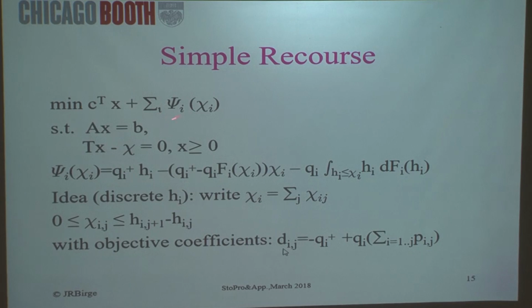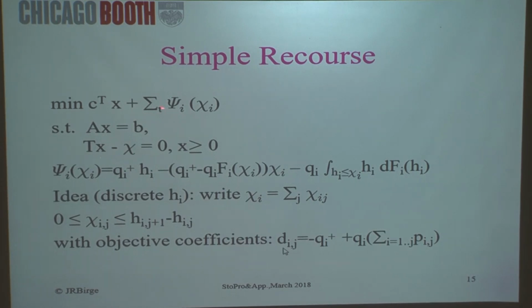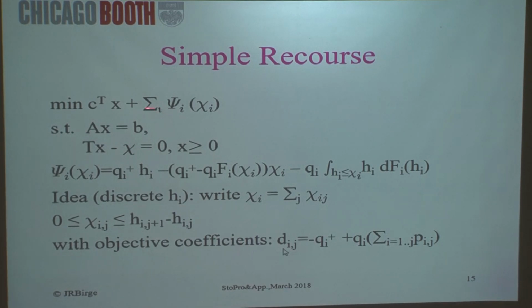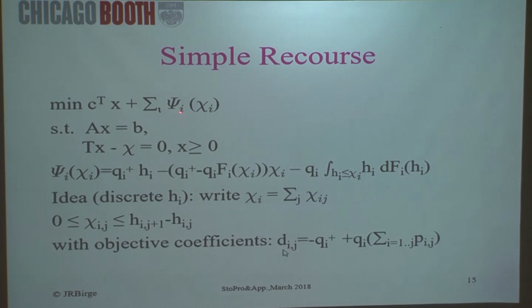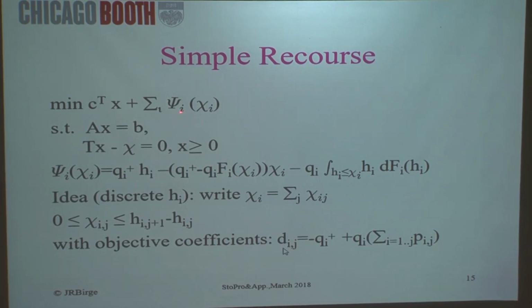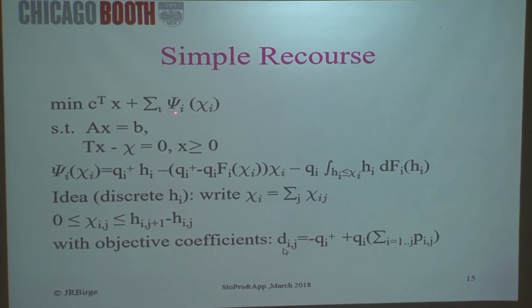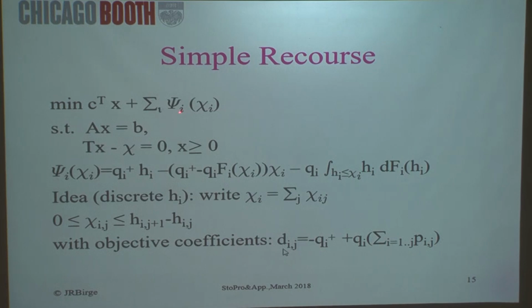Okay, so I've written it here for simple recourse, so that I can split the recourse problem into each individual component of, let's say the randomness is in the right-hand side. So each individual right-hand side component here. And the value of each of those is given here.